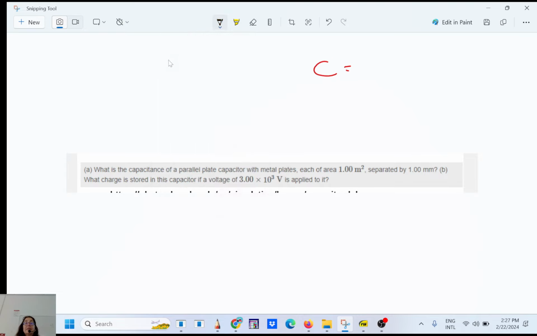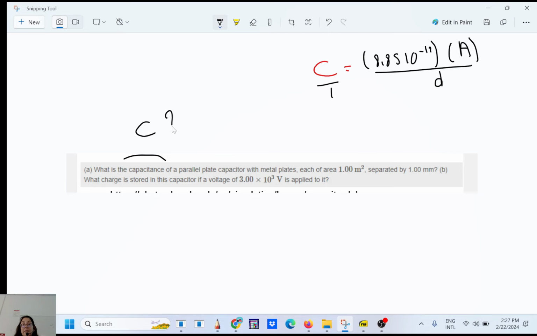So capacitance equals the constant, 8.85 times 10 to the negative 12, times the area over the distance. So you see, you translate here. What is the capacitance? So C equals question mark. The area is 1 meter squared.